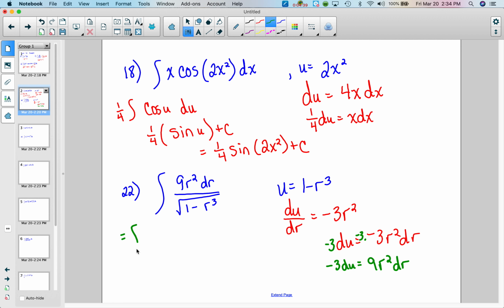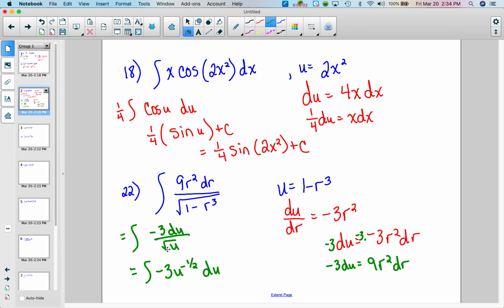So over here, when I replace that, I'm going to have a -3 du over the square root of u. If you want to clean that up and put it with exponents, we're going to have -3 u to the -1/2 du.